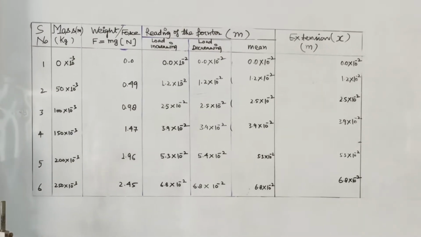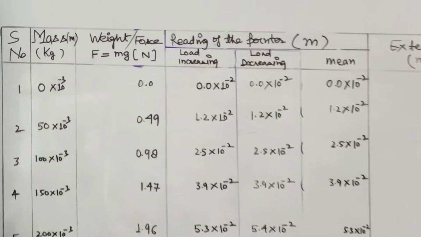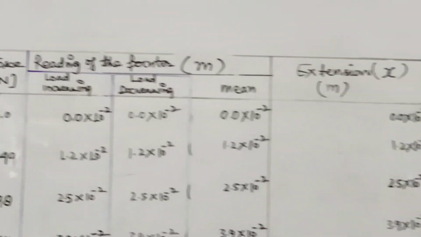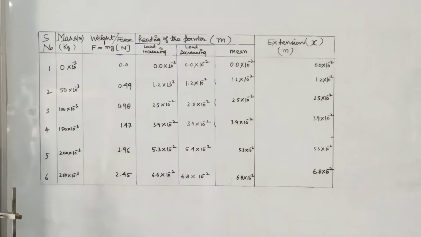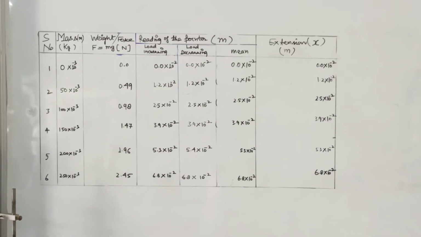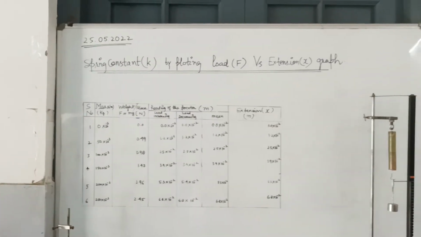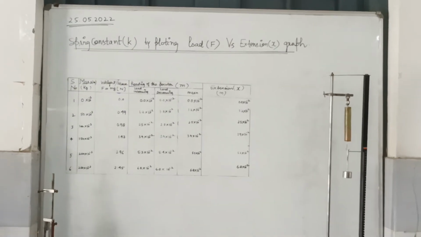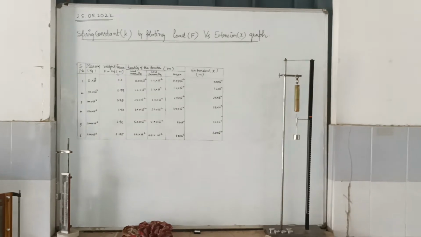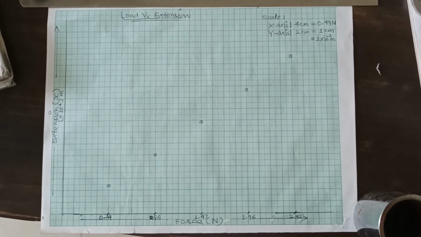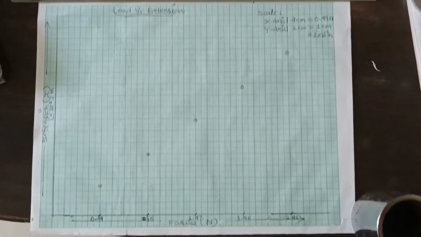Now we will plot the graph of force versus extension, and we will show how to calculate the spring constant with the help of this graph. Now these readings are marked on this graph.